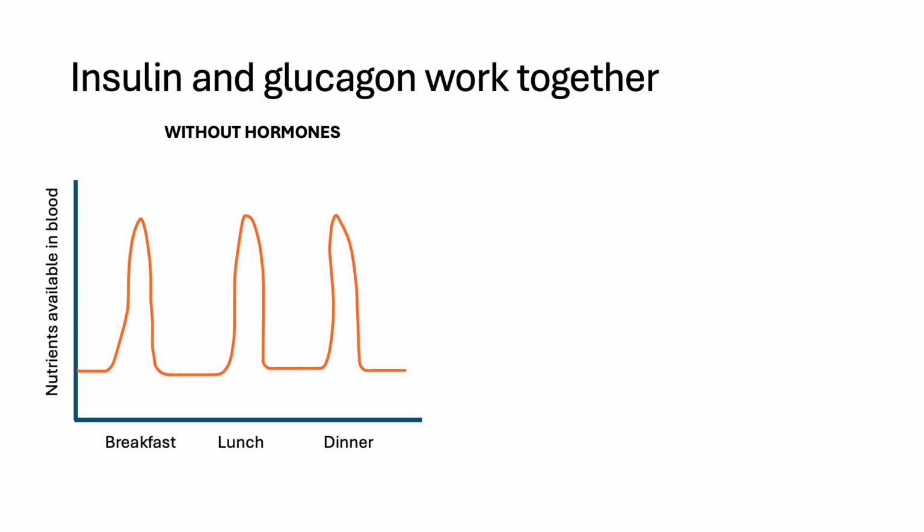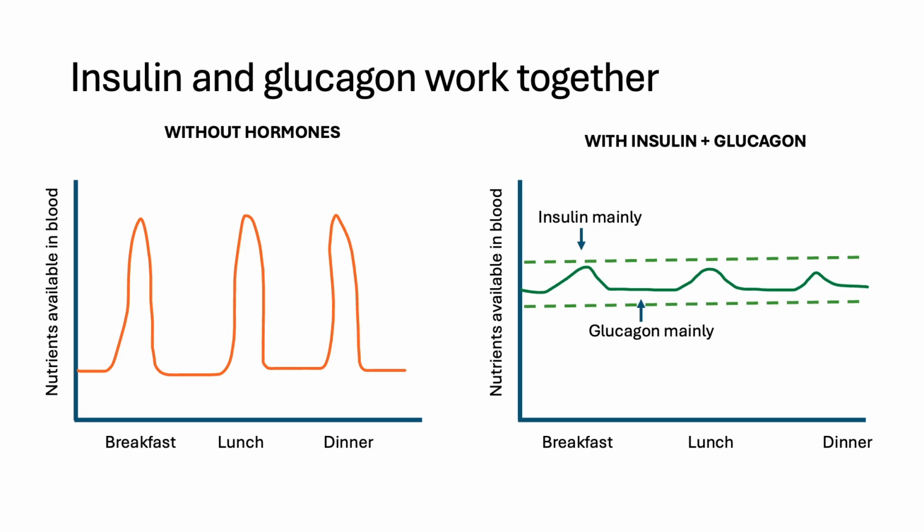However, we need energy 24 hours of the day, right? And so what glucagon and insulin together do is that they level this out so that you have all your nutrients in a narrow range in your bloodstream at all times. When the nutrients go up, insulin brings it into the cells and keeps it from going too high. And when it starts to drop down, glucagon kicks in to maintain a steady state of nutrients in your bloodstream.